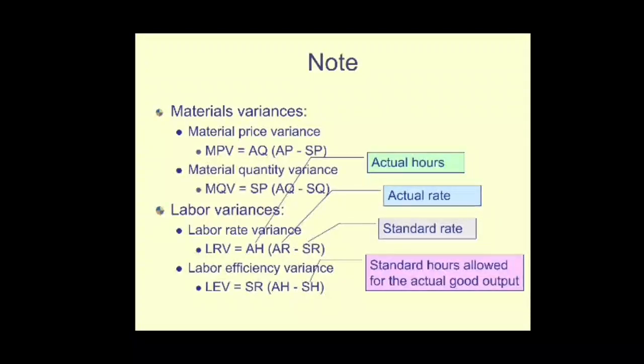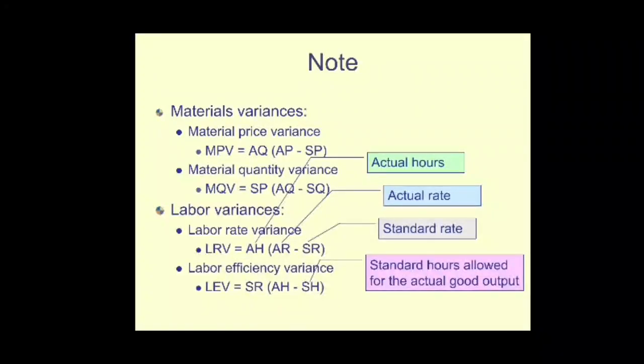So when you calculate variances for labor, the two analyses are called labor rate variance, where rate means the dollar pay to the workers, and labor efficiency variance. Efficiency is related to how many hours the labor do their work.